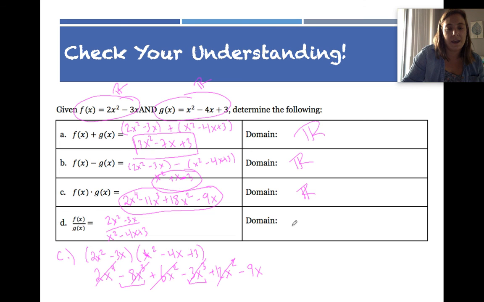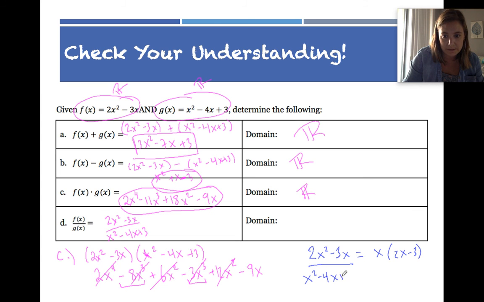So I'm going to go ahead and factor that denominator, right? So the numerator I could factor, and I could factor out an x, and I'd be left with 2x minus 3. The denominator I can factor, x squared minus 4x plus 3, and I'm going to get x minus 3 times x minus 1. So nothing cancels. I didn't really need to do that. This doesn't simplify anymore. This is as simplified as it's going to get.